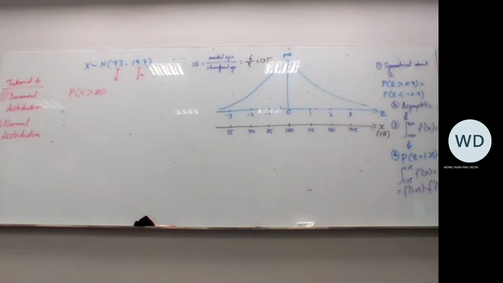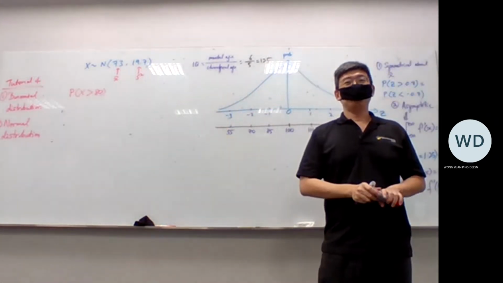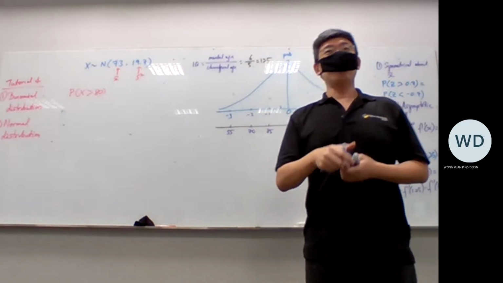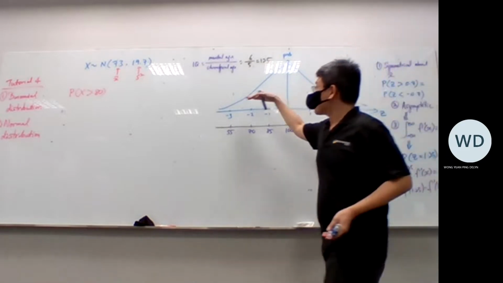Now, because it's asymptotic, it doesn't touch the x-axis. Is there a minimum IQ score? Technically, is it possible to have a minimum IQ score? Statistically, not possible because it doesn't touch the x-axis.